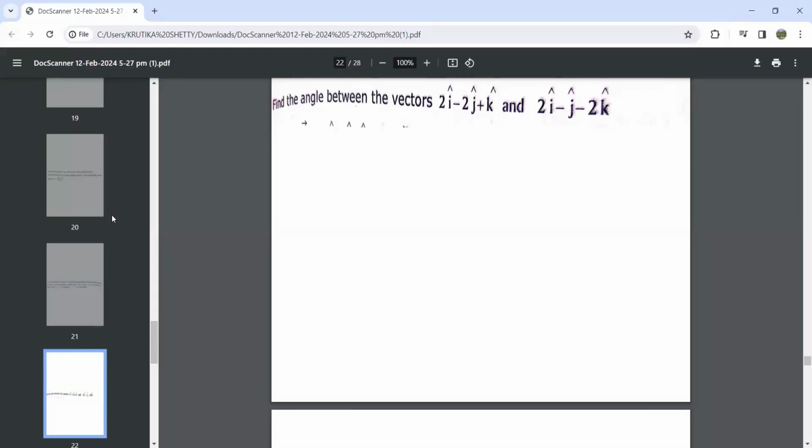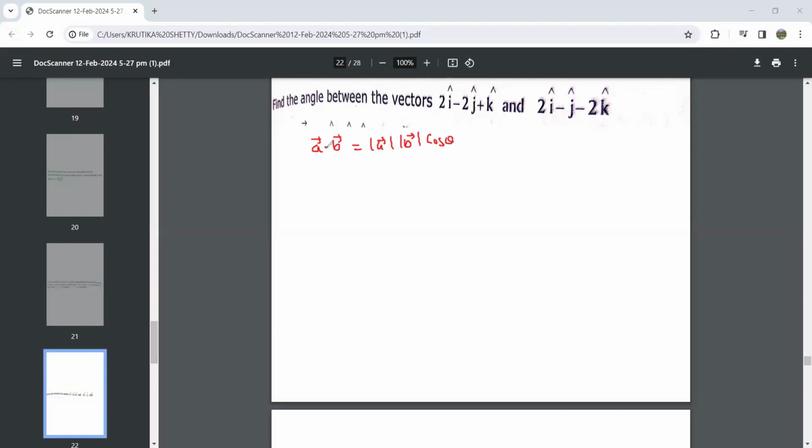So you need to know the formula for the dot product of two vectors. Vector A dot vector B will be equal to mod of vector A into mod of vector B into cos theta.